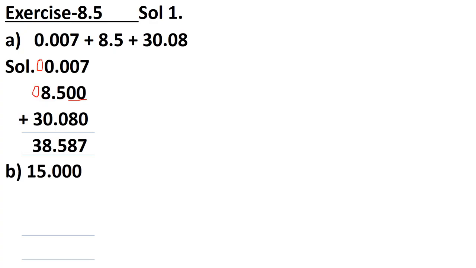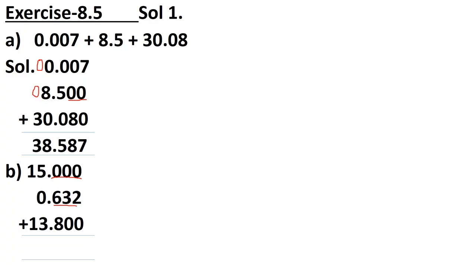Its B part. 15 plus 0.632 plus 13.8. Now how we will write down 15? We can write down 15.000 because its value remain unchanged. 0.632. Okay, that's why we have written here 3 zeros, na? Because in second number 3 decimal places are given.